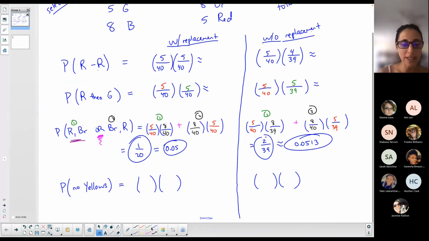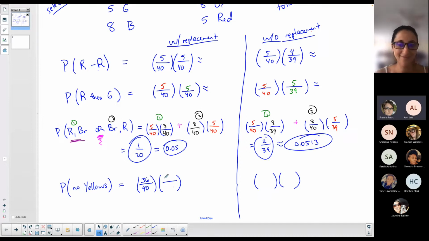So the probability of me not getting yellow on the first selection would be what? 34 non-yellows out of 40 total. I replaced it, so what's the second one? That would be 34 over 40.